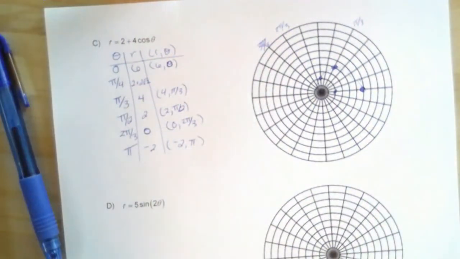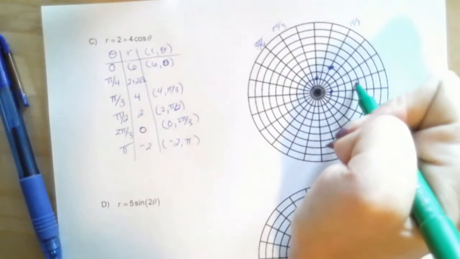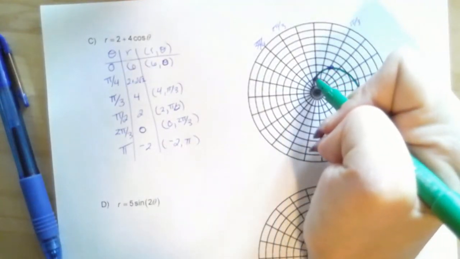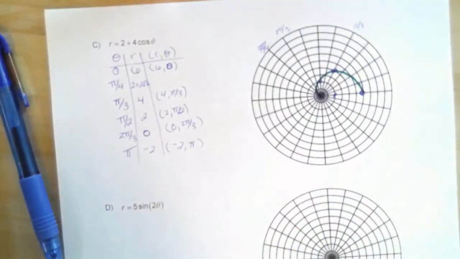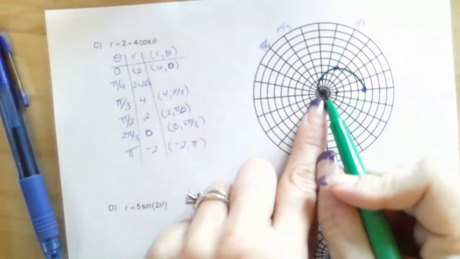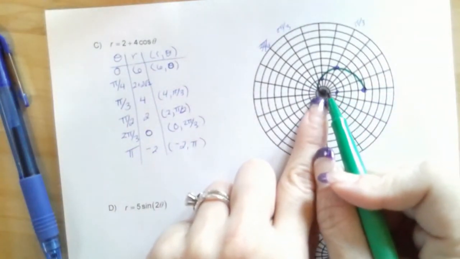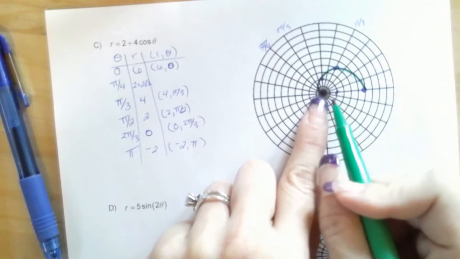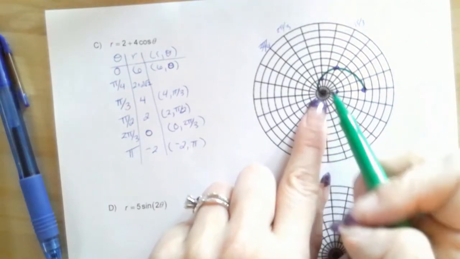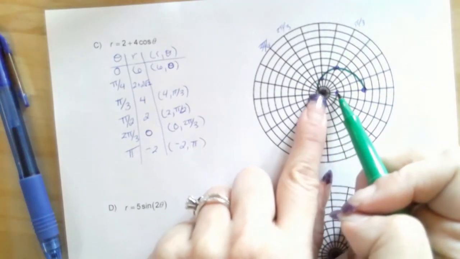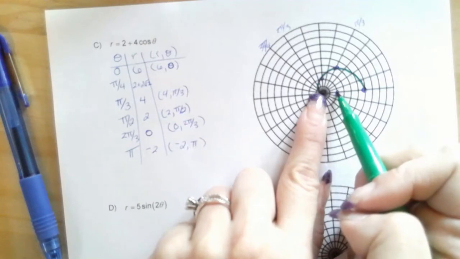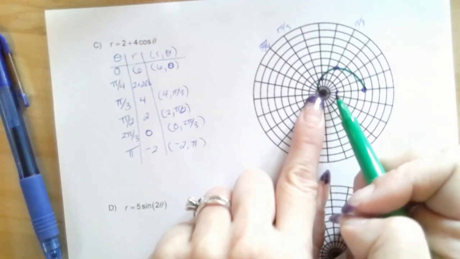Ooh, this one's gonna look weird. So let me show you what this looks like, guys. So right here, if I were to connect these, it looks like this. But now be careful, because again, I don't want to make a straight line, but I gotta figure out where this curve ends up.